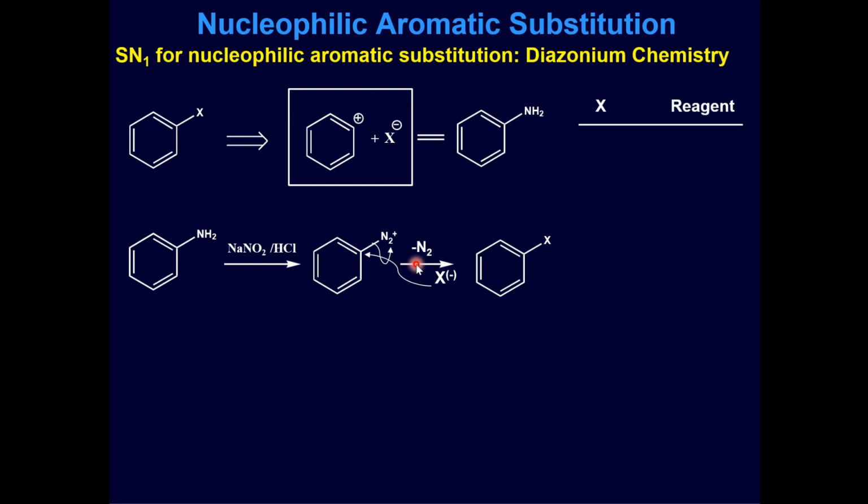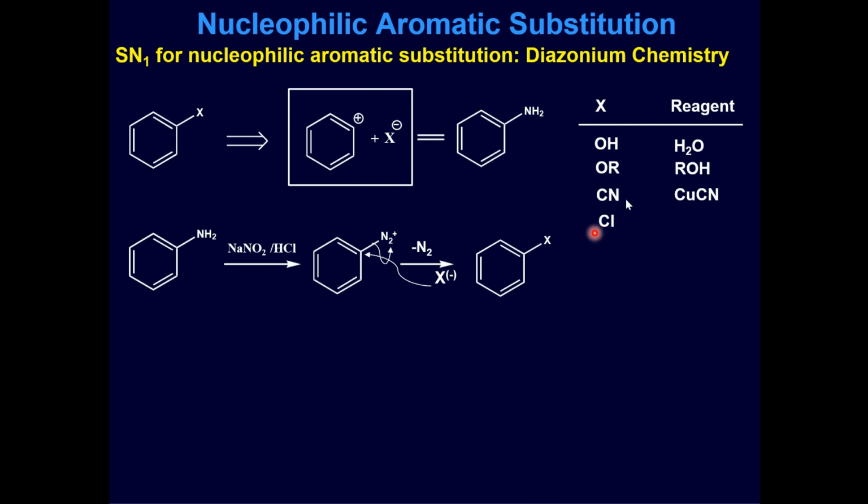If I need OH, the reagent X minus, what should I use? Water. If I want OR, I'll use alcohol as a reagent. If I want cyanide, I'll use cuprous cyanide as a reagent. Cu plus CN minus, CN minus can attack on the positive center and liberate nitrogen. I'll get the corresponding benzonitrile.